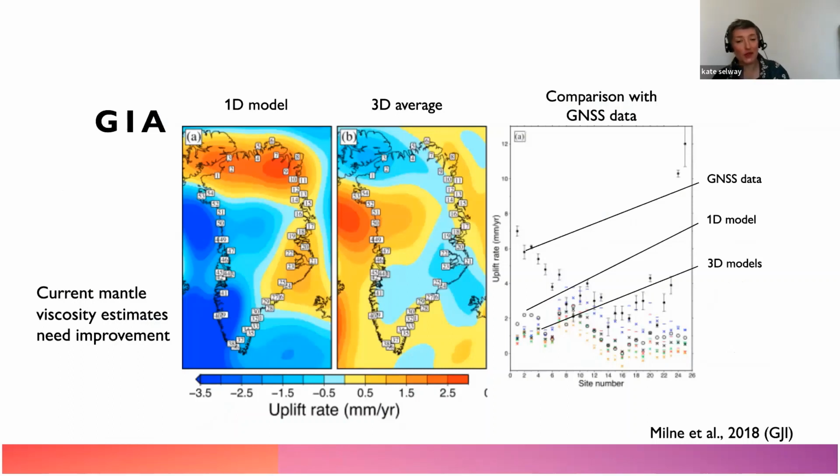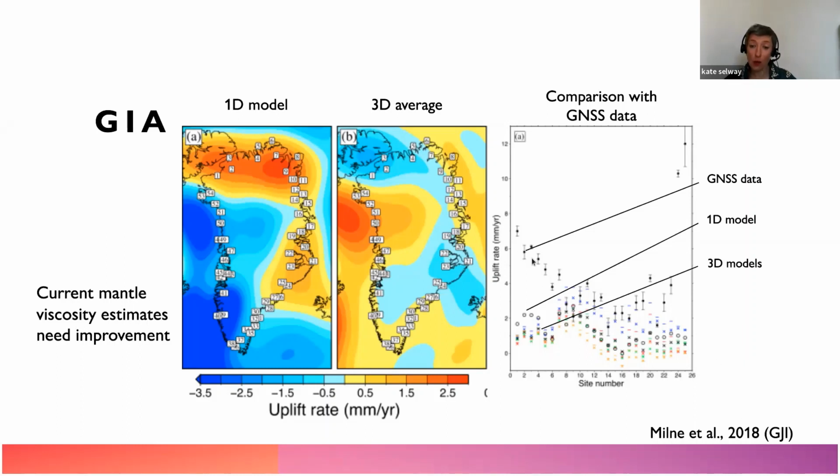But then I would say as well, all of these viscosity models that we've been looking at have just been calculated using seismic data. And so this is going back to that Greenland model and a comparison between those modelled uplift rates and what we observe with GNSS data.